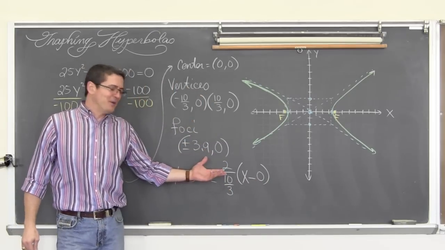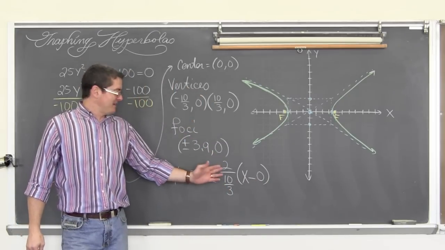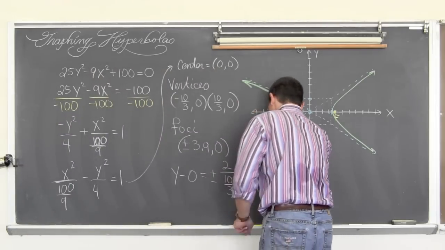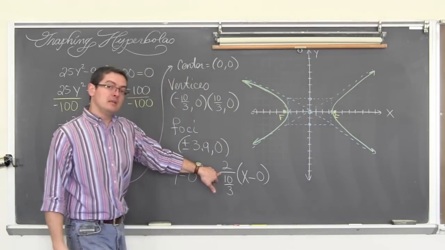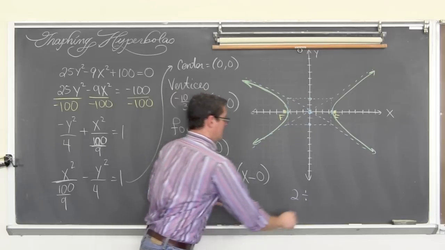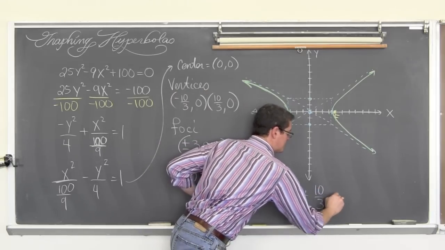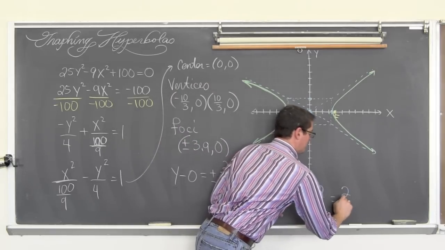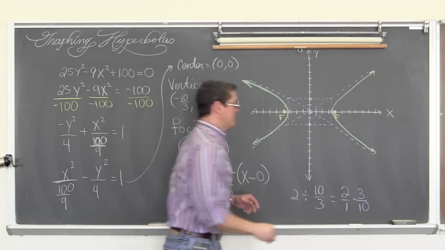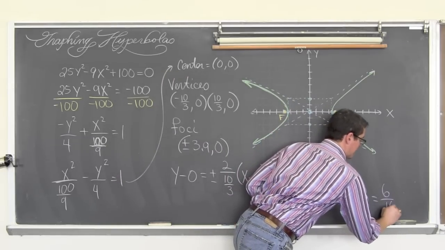What am I supposed to do with this slope, this fraction within a fraction? Well, remember, a fraction bar means division. So this is 2 divided by 10 over 3, which is equal to 2 over 1 times 3 over 10, and that is equal to 6 over 10.